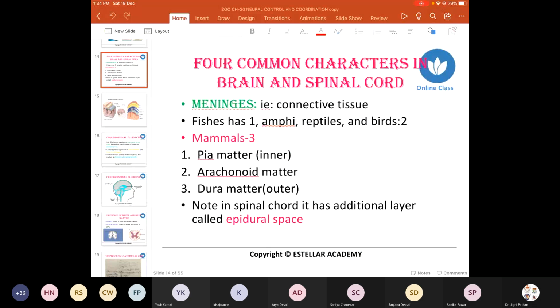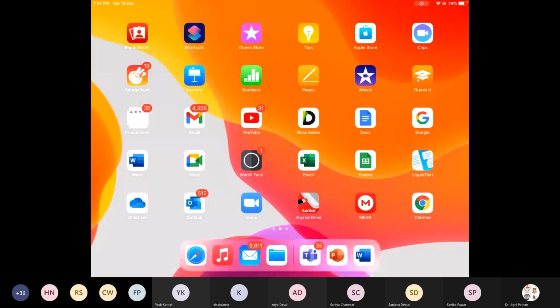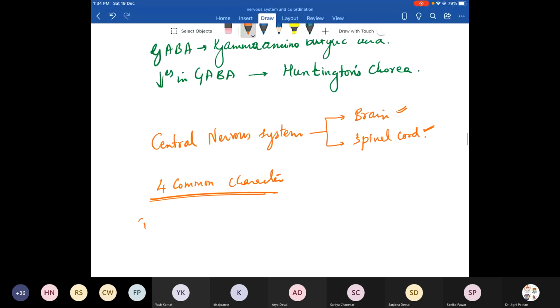The four common characters are, first one, presence of 3 meninges. Single is called meninx. What is meninges?